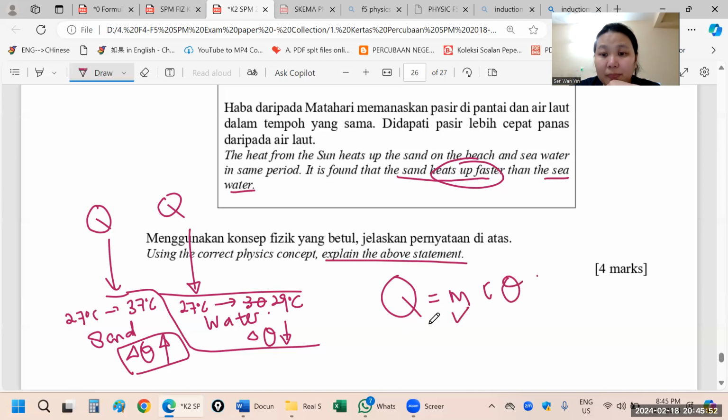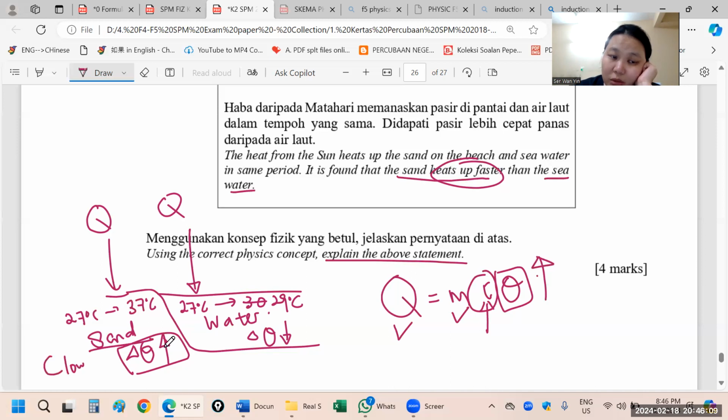If the mass is the same and the heat is the same, this one rises fast. Why? The specific heat capacity is different. The specific heat capacity of sand is lower, so it heats up faster. The specific heat capacity of water is higher, so it heats up slower.